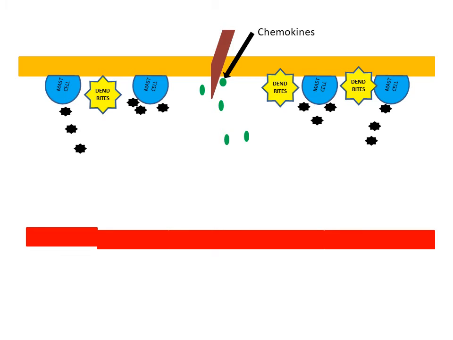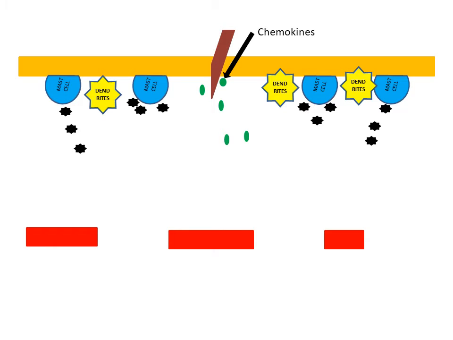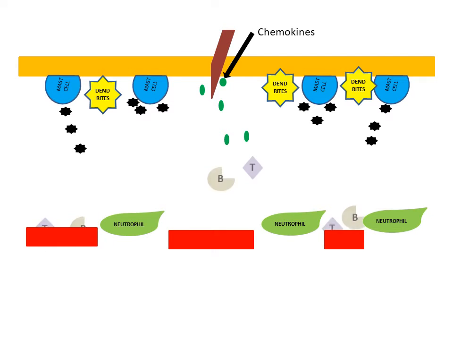Whenever there is dilation, there will be gaps between the cells of the blood vessels. So to fill these gaps and to fight against the pathogens that have entered our body, blood vessels release neutrophils, B cells and T cells.